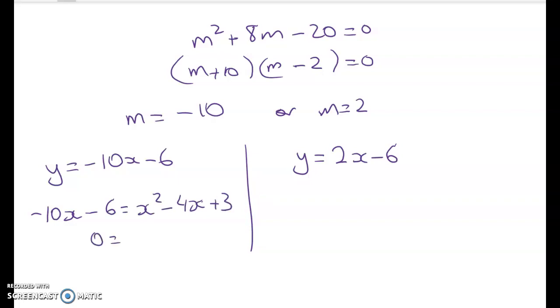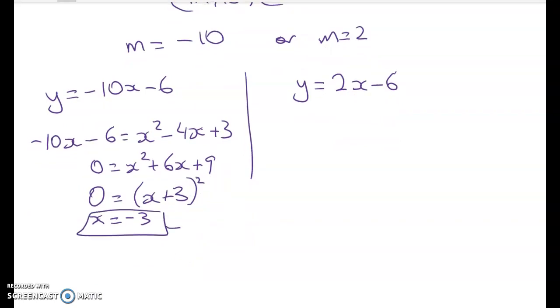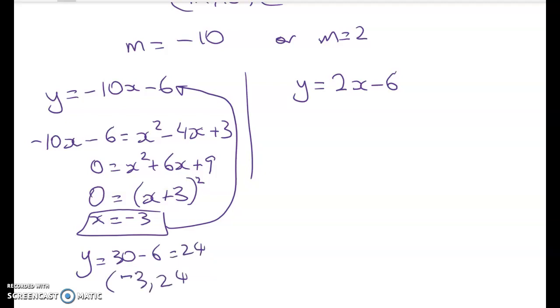So we've got 0 is equal to x squared plus 6x plus 9, which is giving me only the one solution for that one because it's a perfect square. So we get x is equal to negative 3. We take that and put it into there. So y works out to be 30 minus 6, which of course is 24. So that gives me negative 3, 24, when m is equal to negative 10.